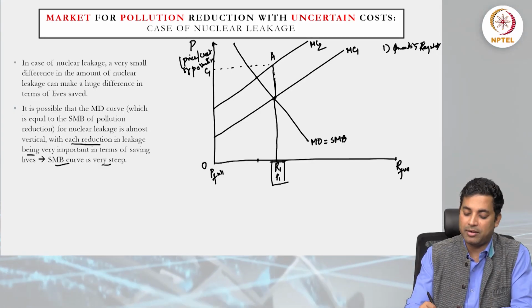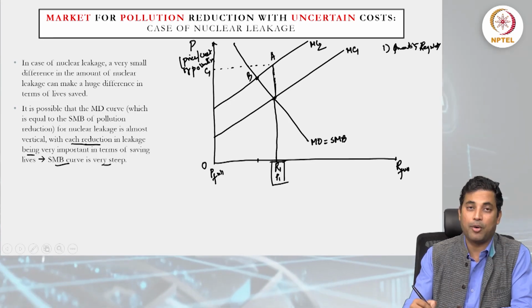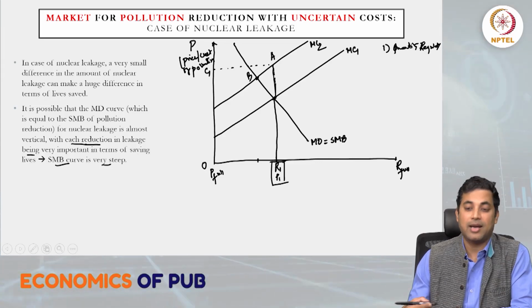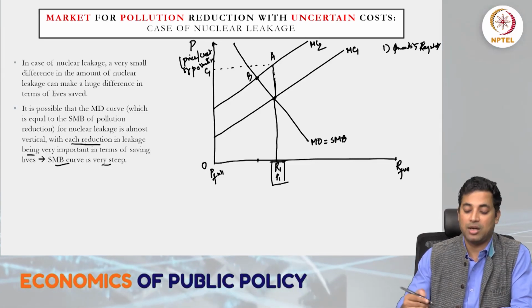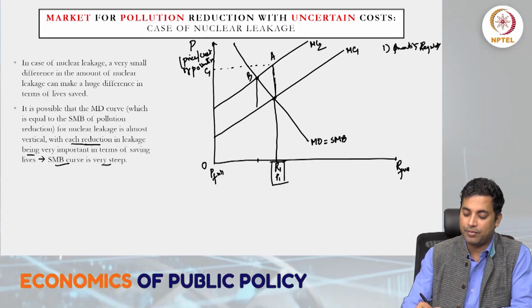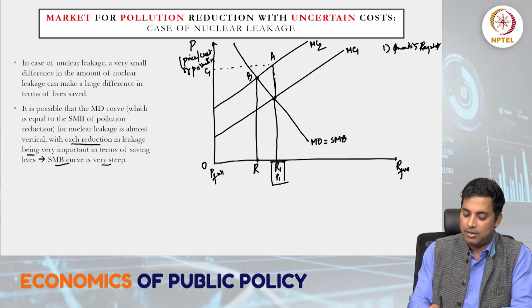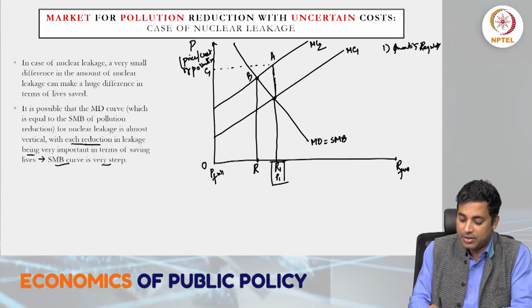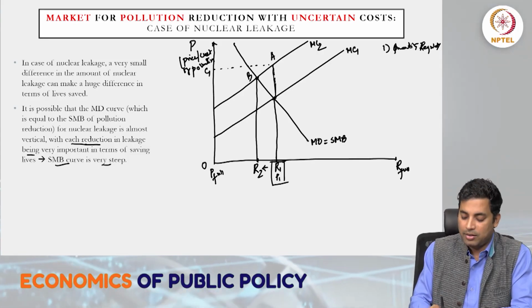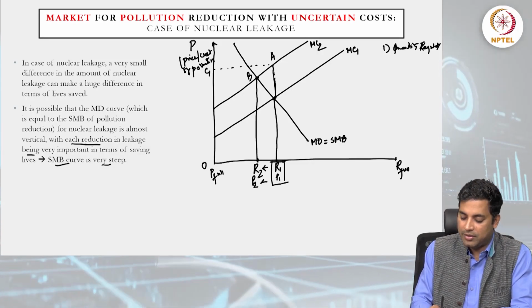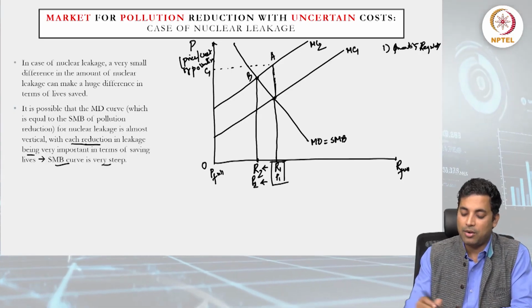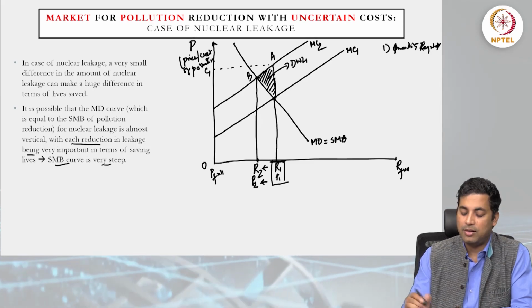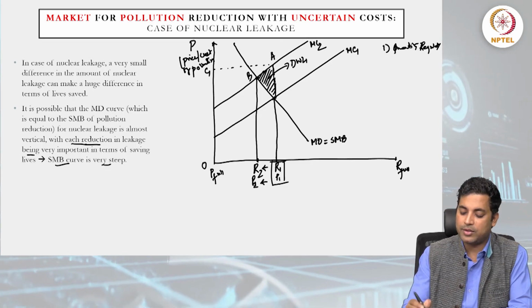Then we also get another equilibrium at point B, where social marginal benefit intersects with marginal cost curve MC2, and here the pollution reduction is reduced from OR1 and the pollution level is increasing.